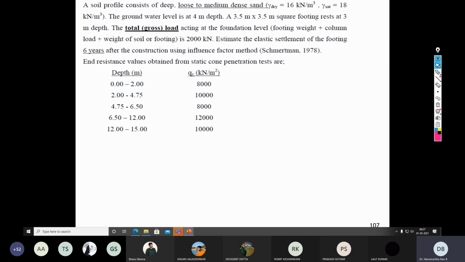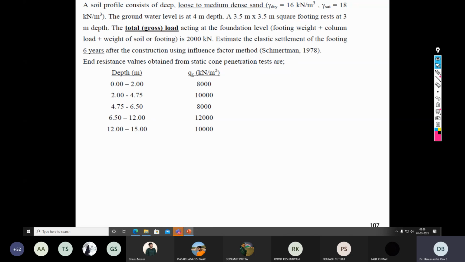See, normally when you construct any footing, what you initially do is excavate the soil. Then you construct the footing. Again, you refill the excavation because the footing will not totally occupy the whole excavated volume. Say, for example, your footing is located at a depth of 1.5 meter, but your footing slab thickness is hardly 200 to 300 millimeter.